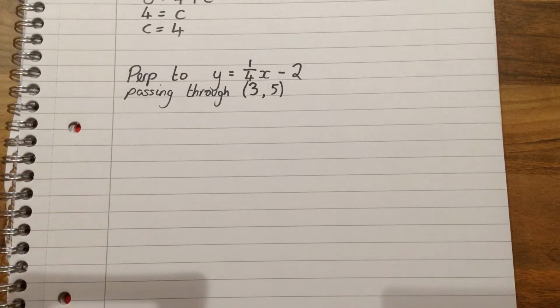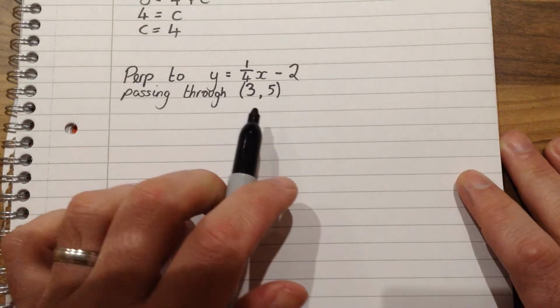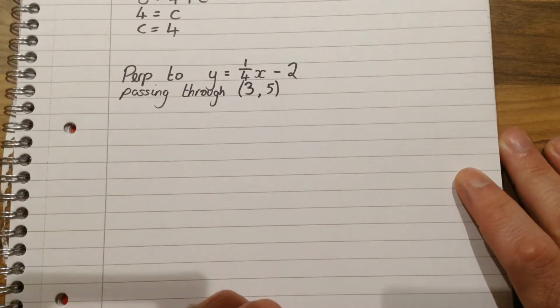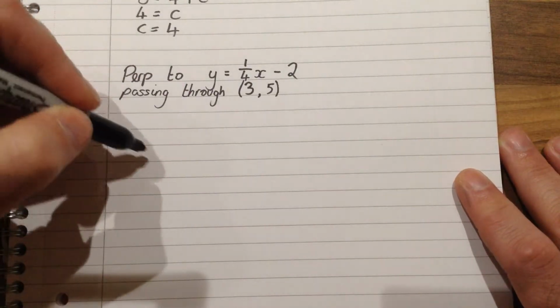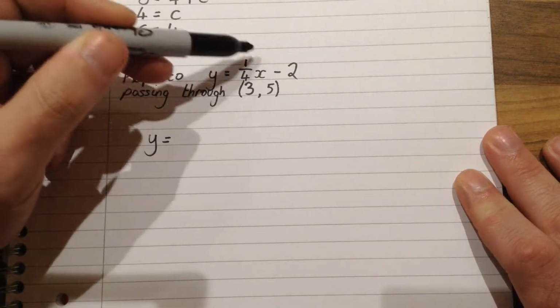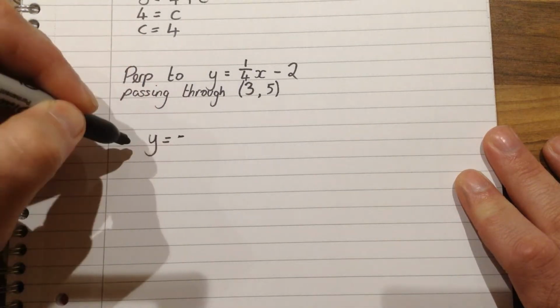So here is our next one. We've got for this one that y equals 1/4 x minus 2, and we want one that's perpendicular to that, passing through 3, 5. So the first step, exactly the same as before. Y equals, we want the negative reciprocal of the gradient, so it becomes minus.